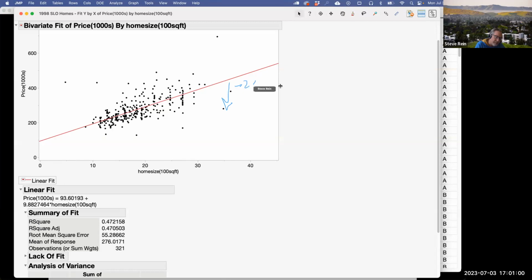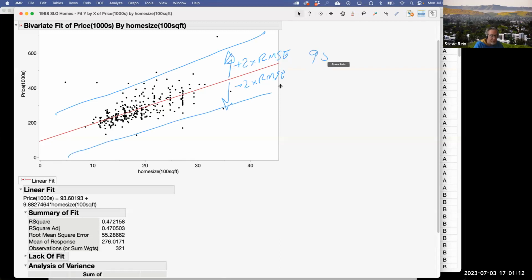Minus 2 times RMSE and plus 2 times RMSE. That range of values should have about 95% of the data. So it tells how widely around our trend line is our data set.